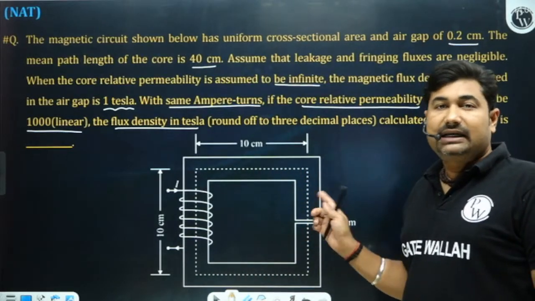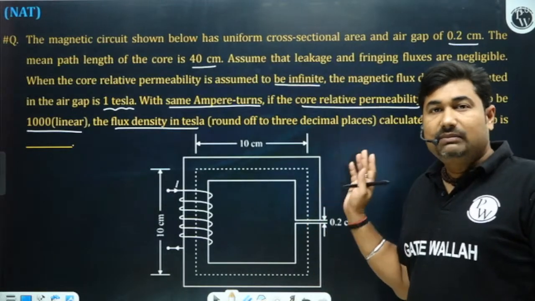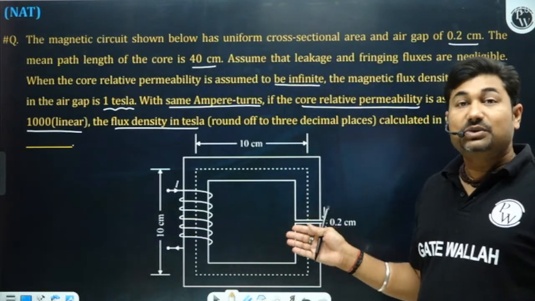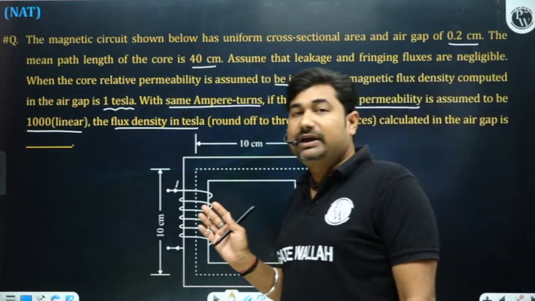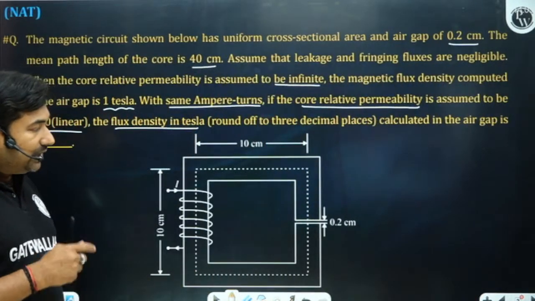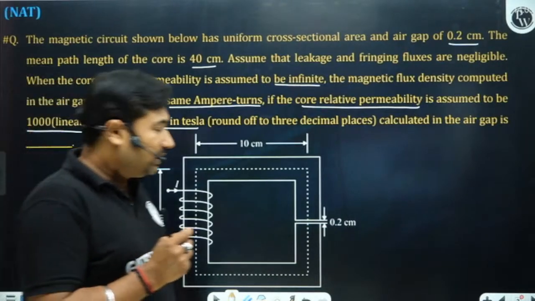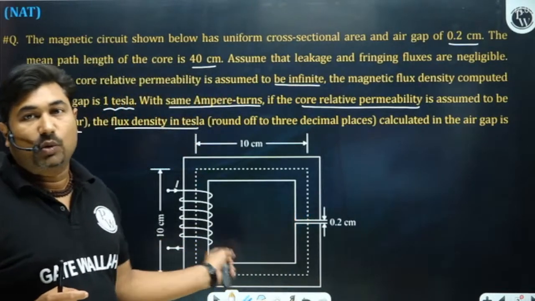Now again the material is changed without changing the total length and everything. Only the material permeability is changed to 1000. Under that condition you need to find the flux set up in the air gap of this core.